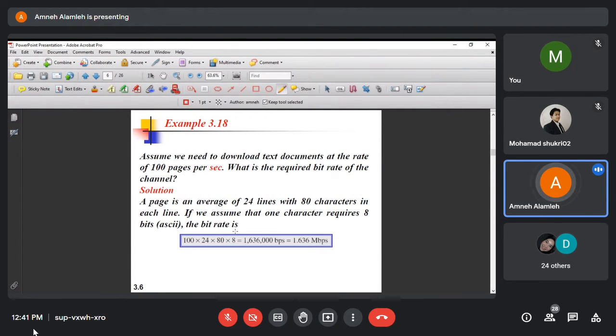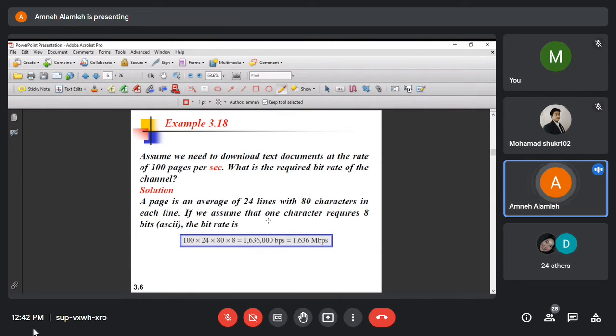Another example, assume we need to download 100 documents at the rate of 10 pages per second. What is the required bit rate of the channel? And here, this is the solution. The page is an average of 24 lines with 80 characters in each line.